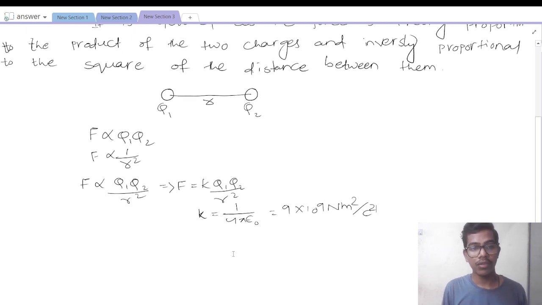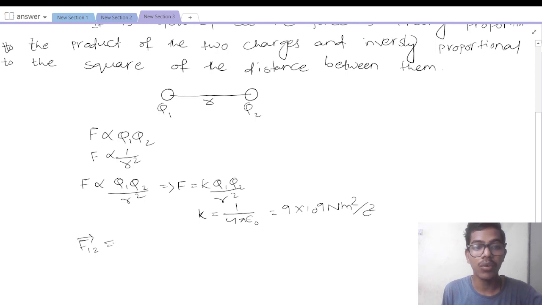Now, as force is a vector quantity, we have to show its direction, the direction of the forces. If we are calculating the force on charge 1 due to charge q2, then we will define F12.